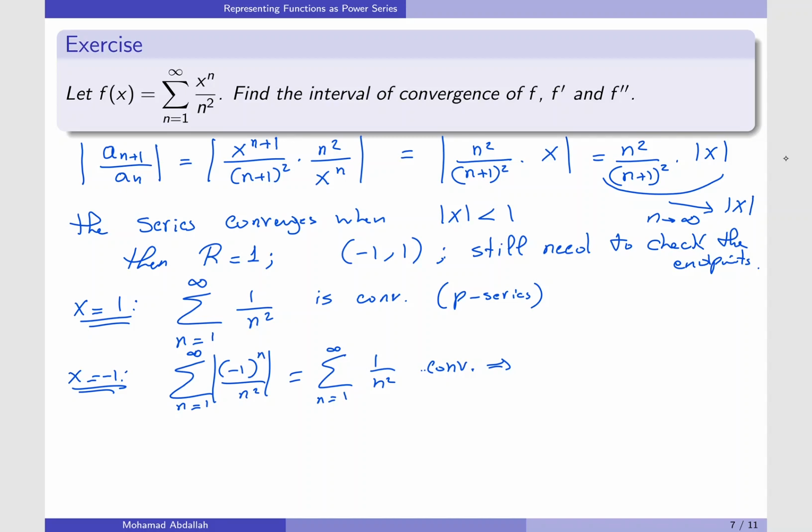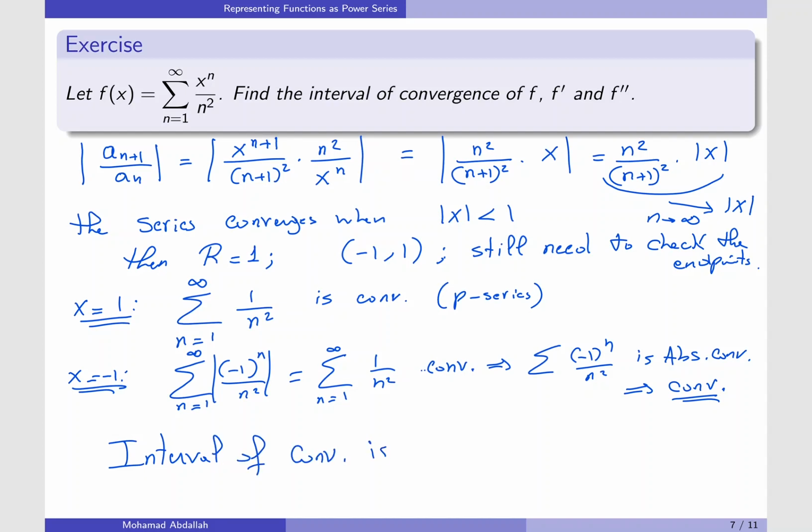So the sum of -1 to the n over n squared is absolutely convergent, and then it's convergent. As a result, the interval of convergence is -1, 1, including the left endpoint and the right endpoint.